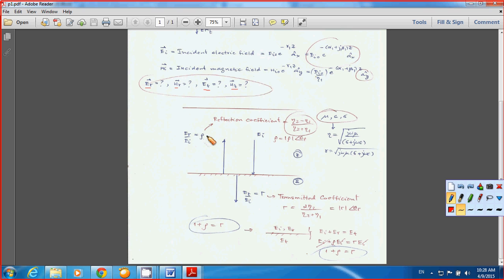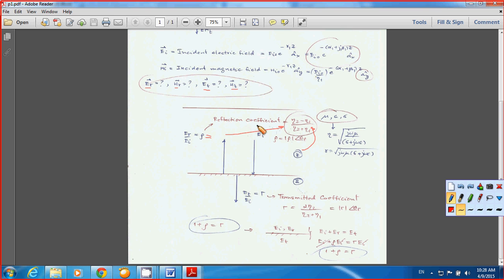Your reflection coefficient is going to be in terms of eta 2 and eta 1, where eta 1 is the intrinsic impedance in medium number 1, and eta 2 is the intrinsic impedance of medium number 2.